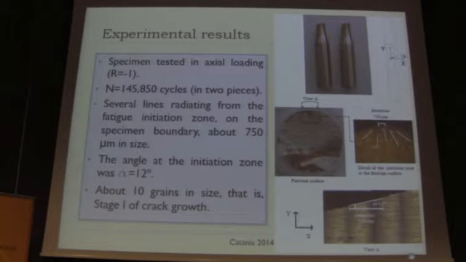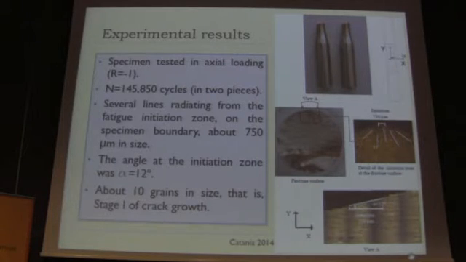So how do we measure this alpha, this initiation angle, in our tests? Well, this is an example. This is a broken specimen, a fully reversed fatigue tensile test, which failed at 145,000 cycles. In the second picture, we see the fracture surface, which we analyzed optically in an electron microscope.